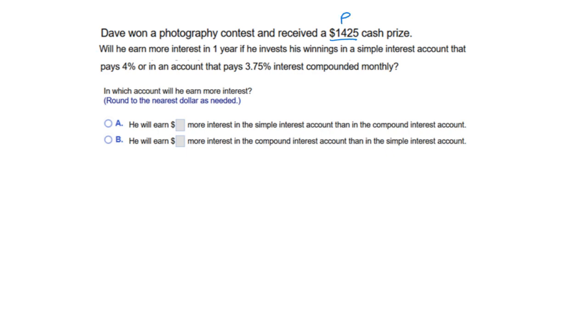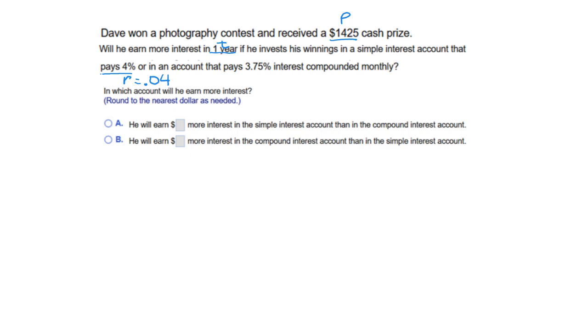1,425 is P. The first one is 1 year, simple interest at 4%. And that's 1 year, so time is 1. And R is 4%, 4 hundredths.